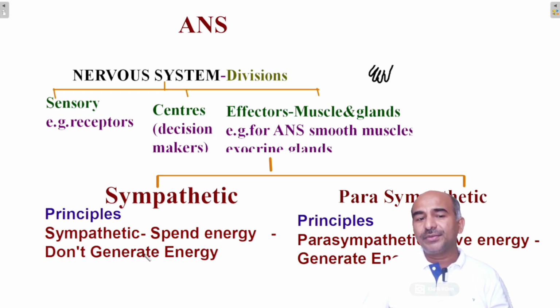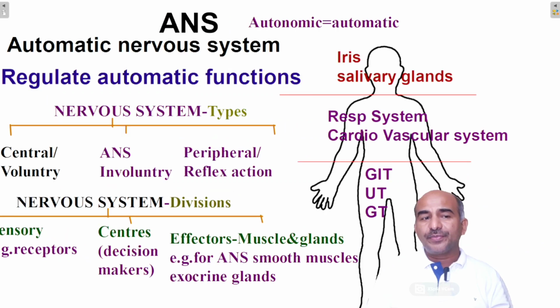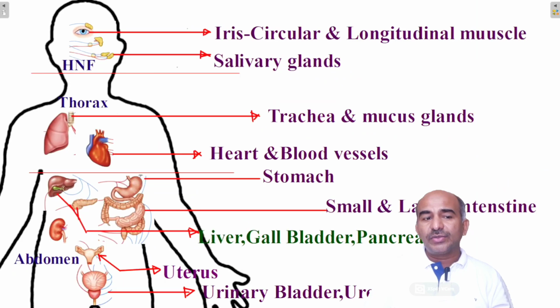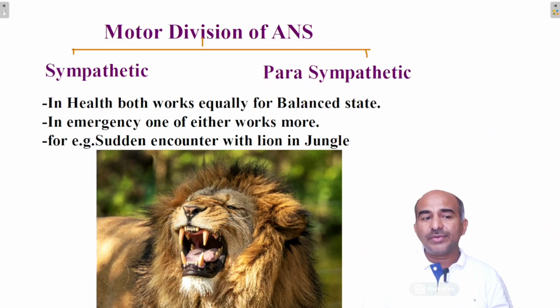I told you their principle. Depending on this principle, you will understand how they bring the actions. So this is the action chart, but to know where they bring the action, you need to understand these organs. All these organs I have listed.